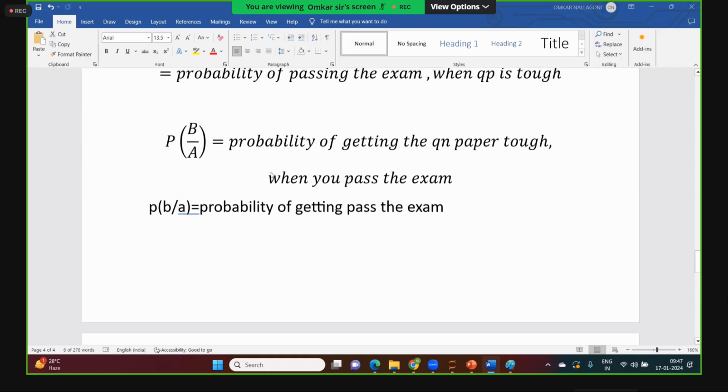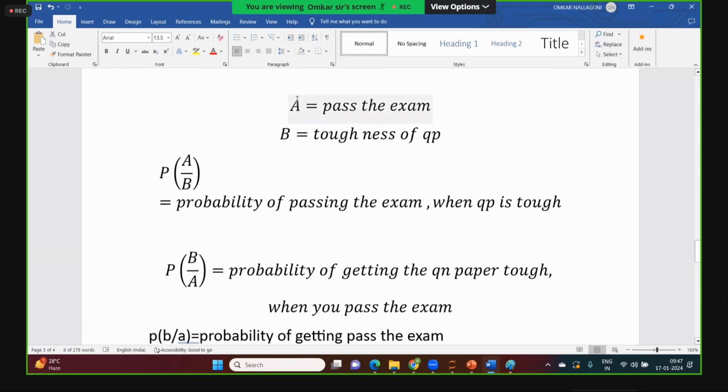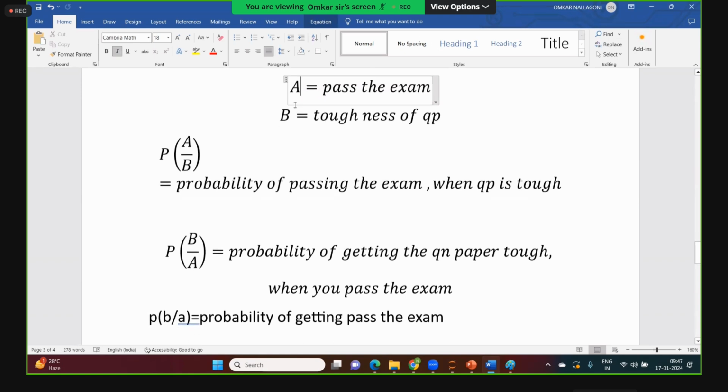Then if B comes first, you are talking about passing the exam. Who is passing the exam? It is A, no? You need to talk about the probability of the question paper being tough when you pass the exam. That means passing the exam will come first, like you said, A will come first. You already passed. Then we are discussing the question paper toughness. Understood now? Thank God.